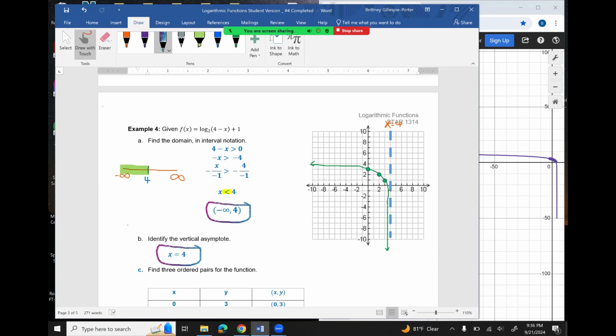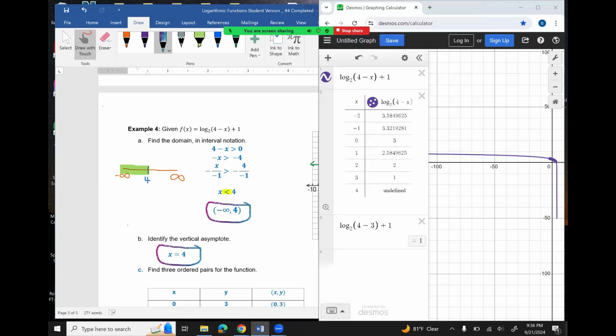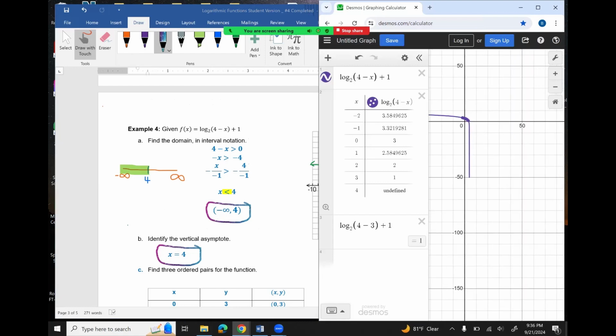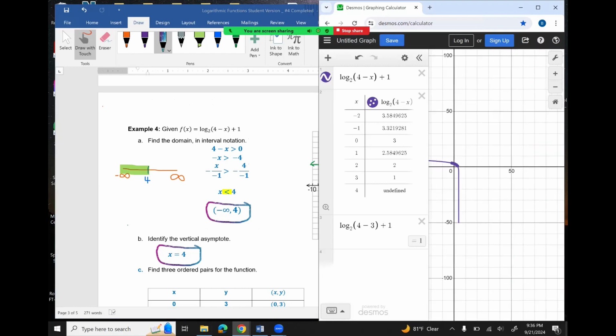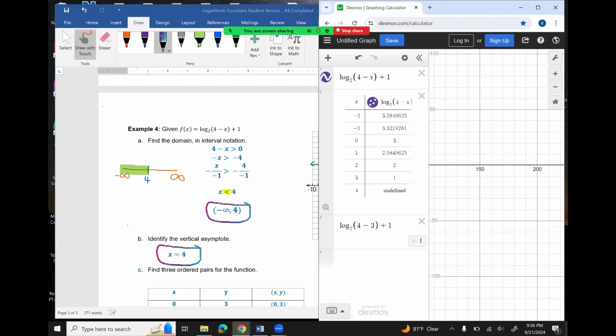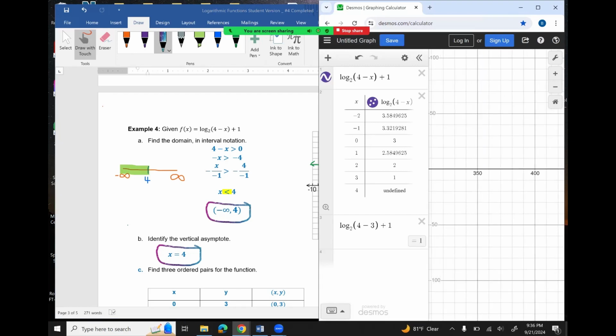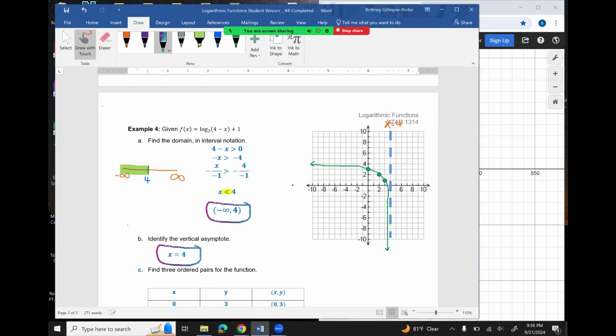Remember, we will not have anything to the right of x equal to 4 because our domain said that getting close to 4 was as best as we were going to get. So even if I scrolled over as much as I wanted in the graph, it's not going to happen past x equal to 4.